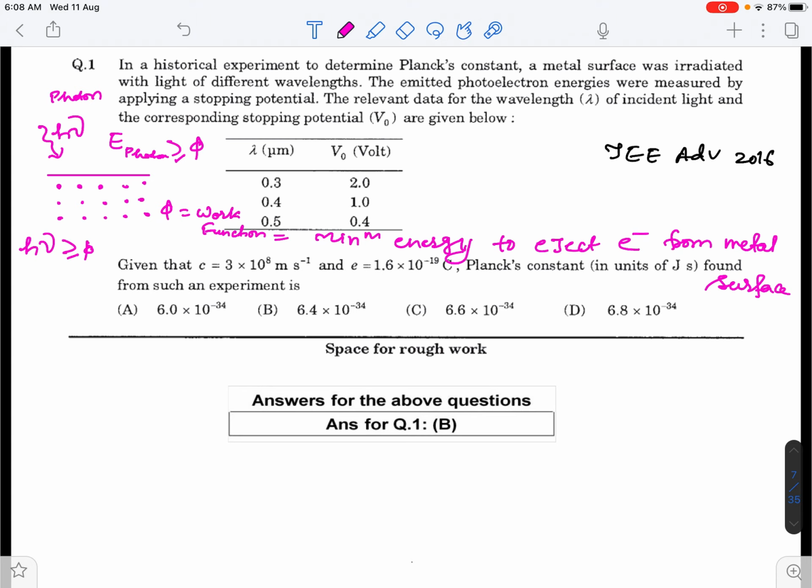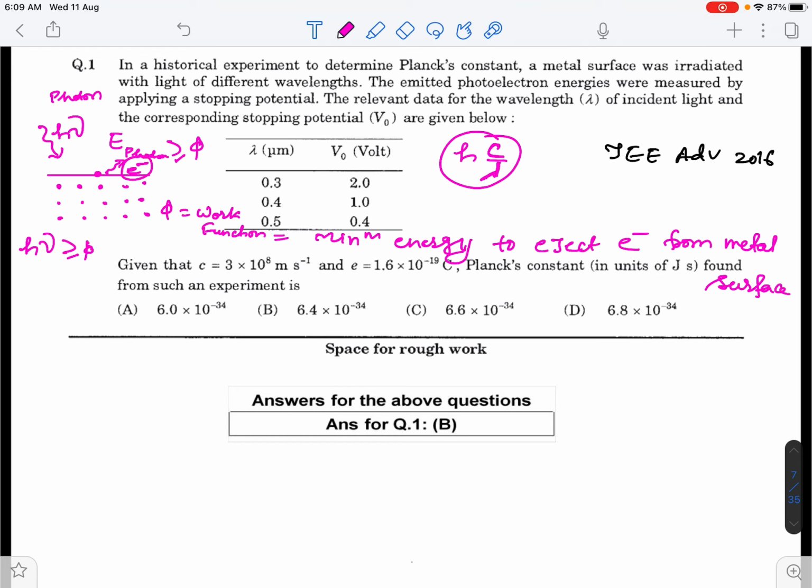Now, this nu can be written as c by lambda, so h c by lambda is the energy of the photon which is incident here. If this energy is greater than the work function, the electron which is ejected will gain some kinetic energy also.